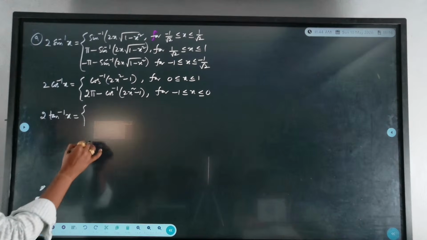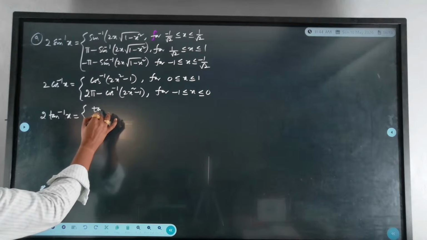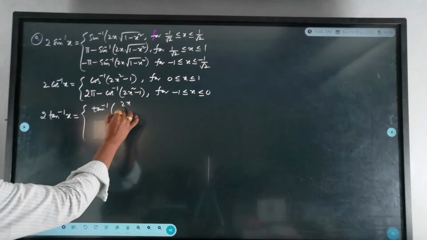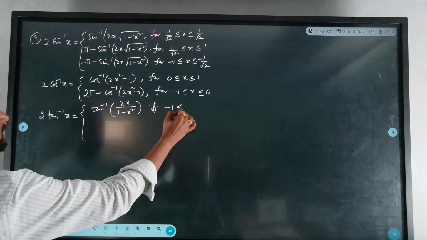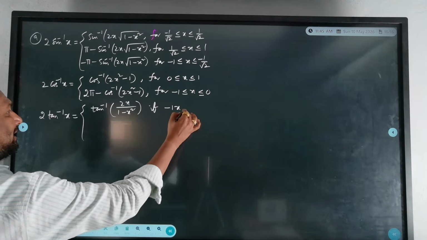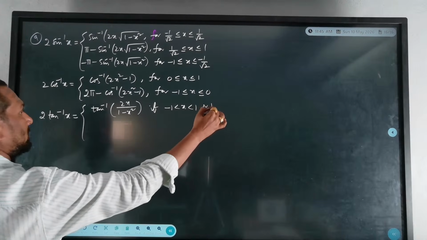2 tan inverse x. These are all standard results only. 2 tan inverse x is equal to tan inverse 2x by 1 minus x square if minus 1 less than x less than 1, or mod x less than 1.